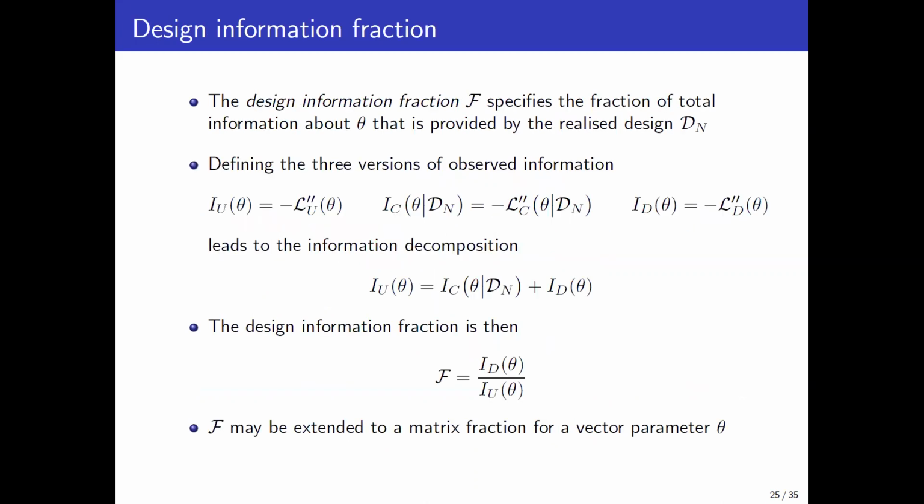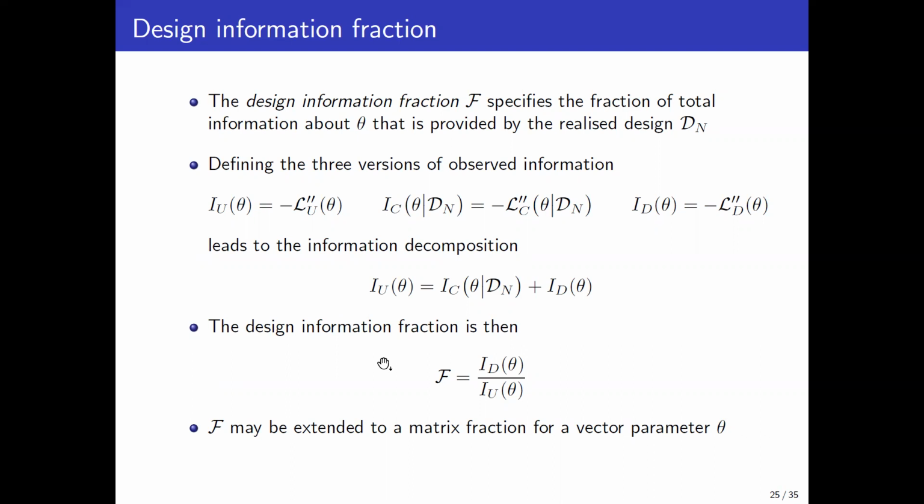And that then leads to what I think is a fairly important concept within the context of adaptive designs, which is something that I'll refer to as the design information fraction. So this script F is essentially the proportion of the overall information about the treatment effect that is provided by the observed realized design that we happen to get.